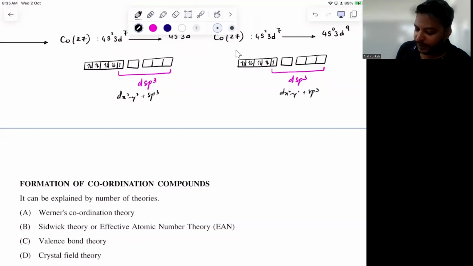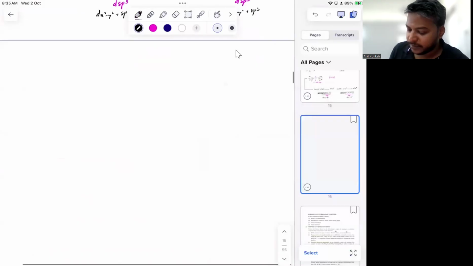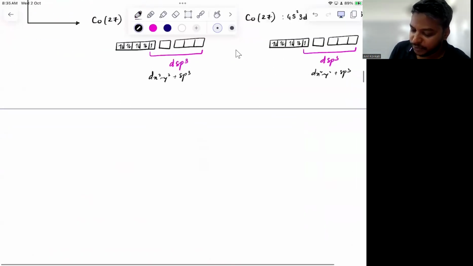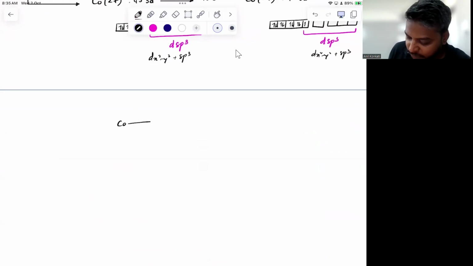Okay. So on mixing both of them, then what am I getting here? On mixing both of them, I'll get cobalt with this orbital, and then we will have these four carbonyls like this, right?